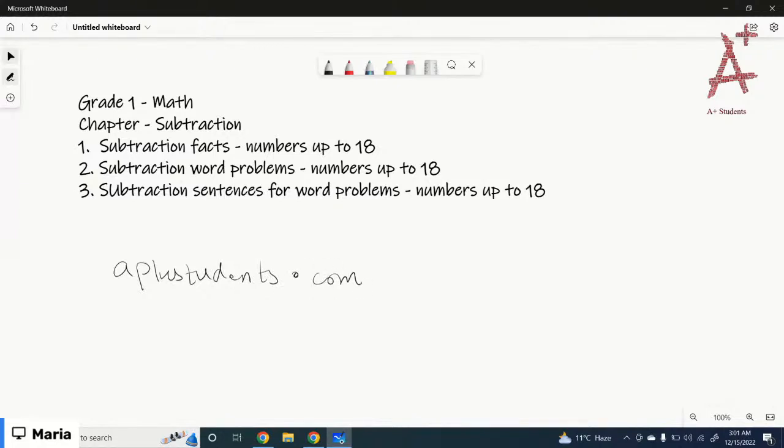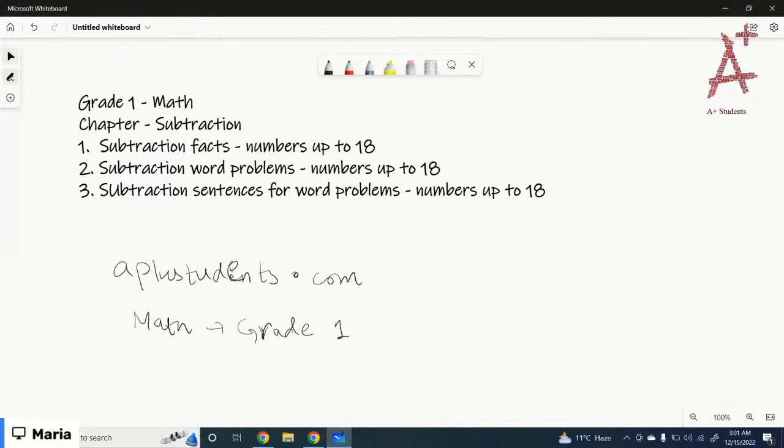You have to log in there using your email address and password as provided by the administrator. Then you have to select math from the subject tab, go to grade 1 maths, click on all lessons. There you can see a list with chapters.